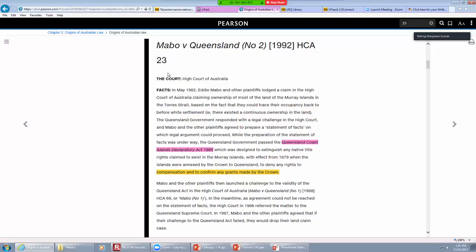So they're part of our First Peoples or our indigenous people. They decided that the area that they had been occupying for millennia, in fact, belonged to them. Okay? So they wanted to have a sort of ownership over that land. Okay? So as it says here, claiming ownership of most of the land of the Mary Islands in the Torres Strait.